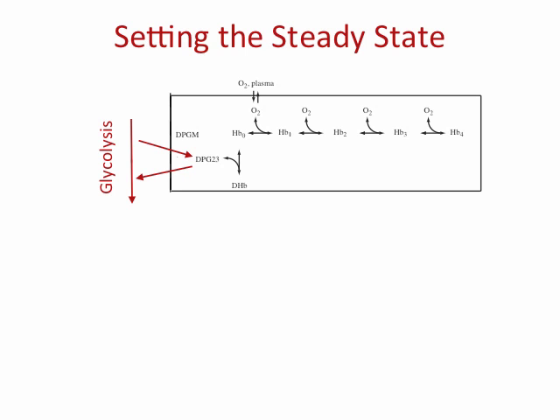We will now set the steady state for this module. We note that oxygen will just come on and off hemoglobin in equilibrium relative to what is in the plasma, and deoxyhemoglobin is formed also in equilibrium or quasi-equilibrium relative to 2,3-DPG, as the ligand concentrations are changing very slowly.